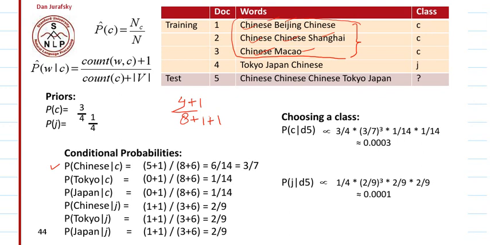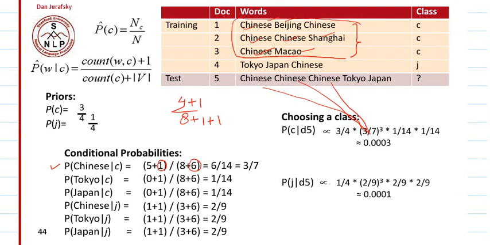So I will add the value of 6 here in the denominator for the Laplace value, and 1 here in the numerator for the Laplace value. In this way I get the probability of P of Chinese given C as 5 by 14, so I take finally 3 by 7. For P of Chinese given C, this Chinese is actually present 3 times, so I multiply it 3 times.